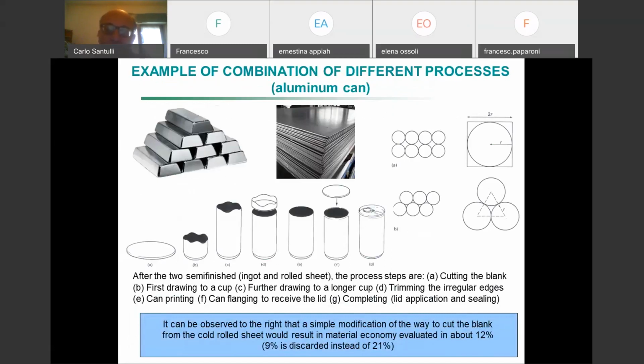We start from an ingot, and we have these semi-finished products. We transform the ingot by cold rolling in aluminum into a rolled sheet. Then we cut a blank, then we draw to a certain height. Then we reduce the thickness further by a further drawing.